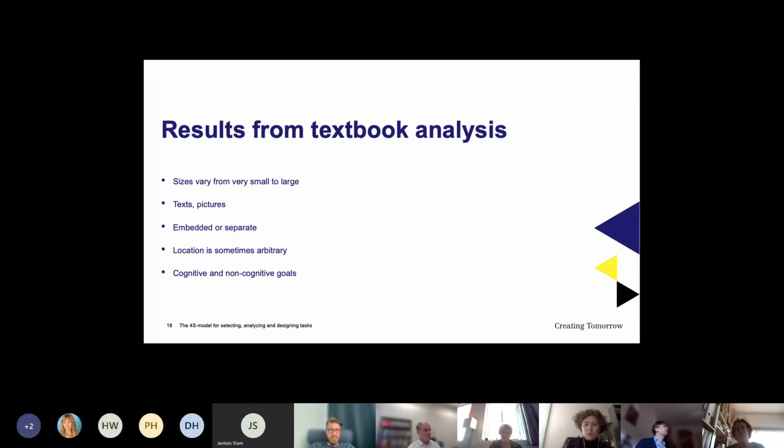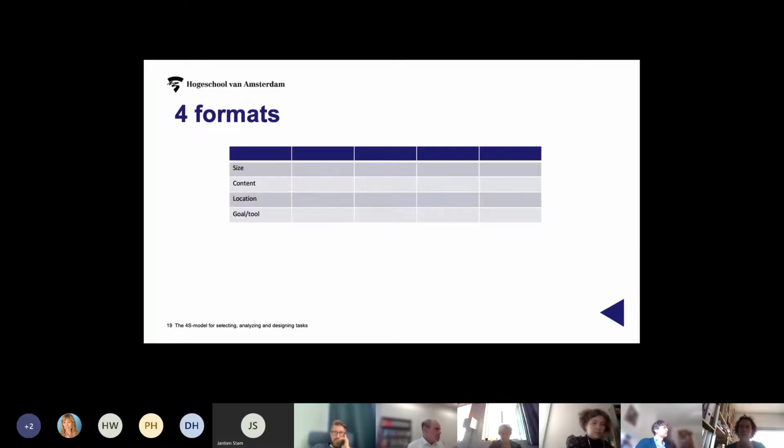Well, this led me to try to make a range of ways in which history of mathematics is presented, and I made a model with 4 formats, and I'm going to clarify that. I looked at 4 different criteria, which you will recognize from what I've shown you before. One criterion is size, the other is the content, then the location of the fragments, and finally the reason or the purpose of the fragment, whether it's used as a goal or as a tool.